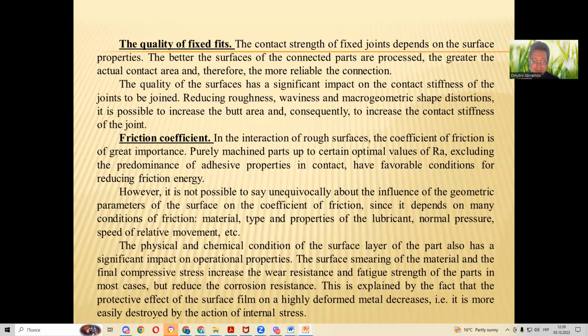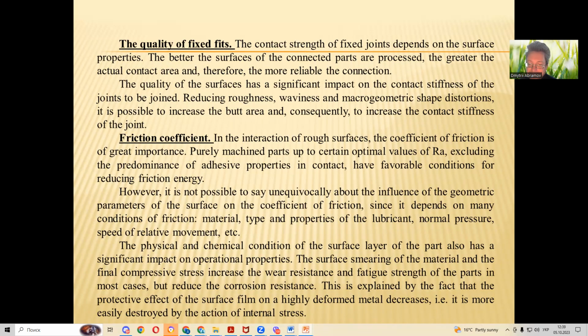The physical and chemical condition of the surface layer of the part also has a significant impact on operational properties. The surface hardening of the material and the residual compressive stress increase the wear resistance and fatigue strength of the parts in most cases, but reduce the corrosion resistance.